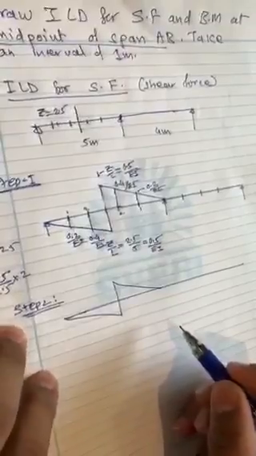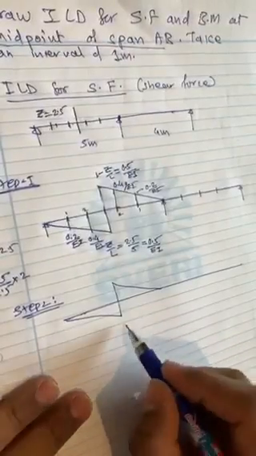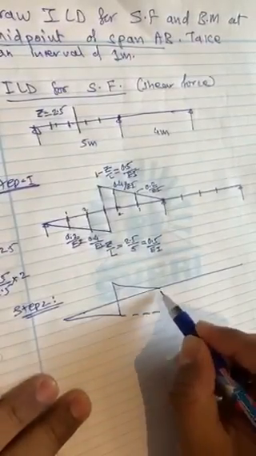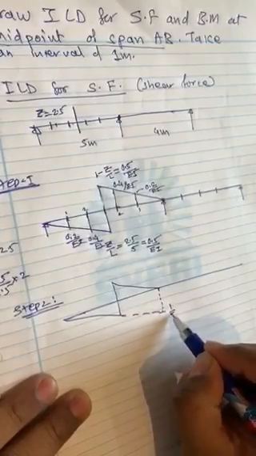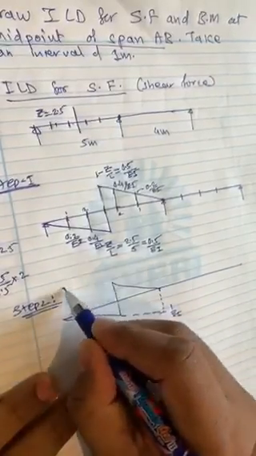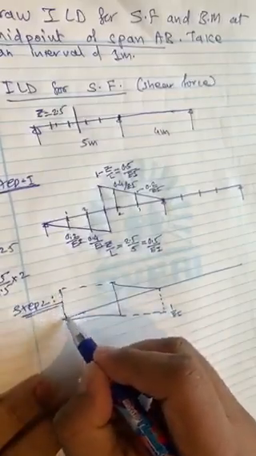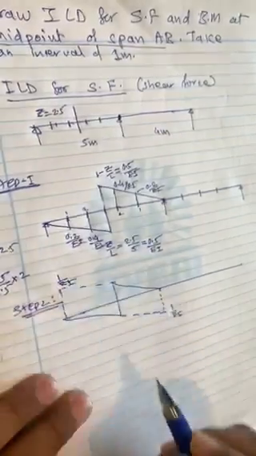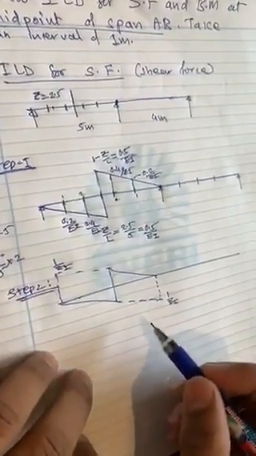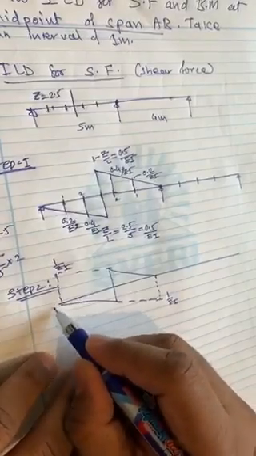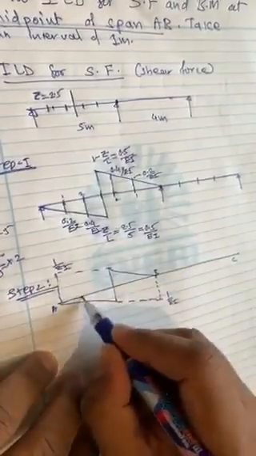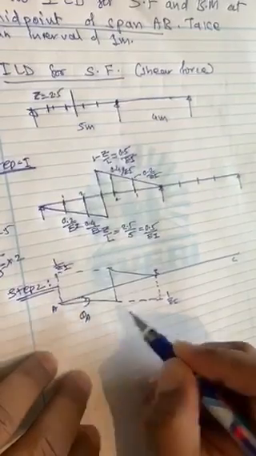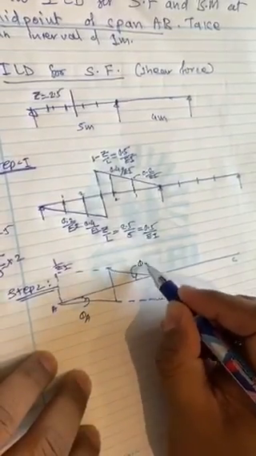Okay, so what you'll have to do is continue this with a dotted line, and this will be 1 by EI. Okay, and if you continue this side also, it will again be 1 by EI. Okay, and using this principle, this is A, B and C, you'll have to find theta A, and this will be theta B.